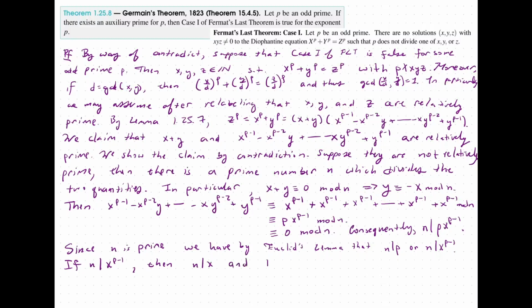And thus, if we come back, we said x plus y was congruent to 0 mod n. So if n divides x, which we have the negative x is congruent to y, then n also divides y. And so we have n divides y. But this is a contradiction.